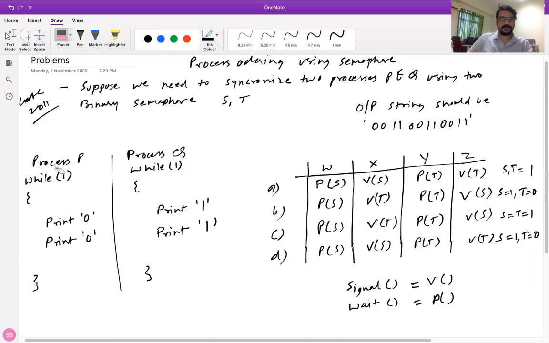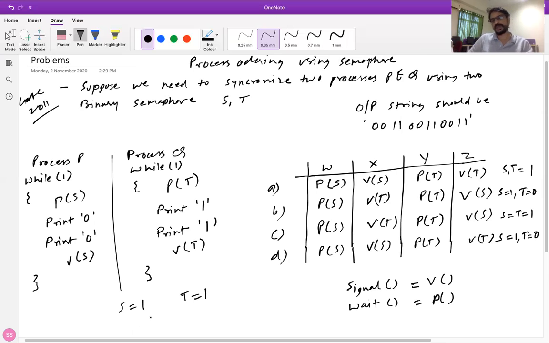So I'll write one by one: here ps, then vs, here pt, and here vt. And what is the initial value of s and t? The value of s is 1, and the value of t is also 1. Okay, let's see what will happen.